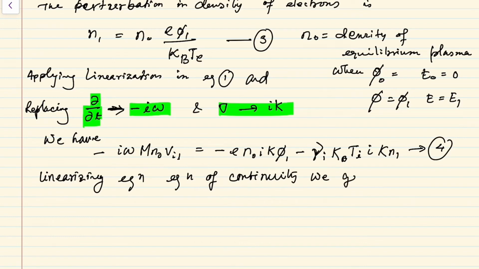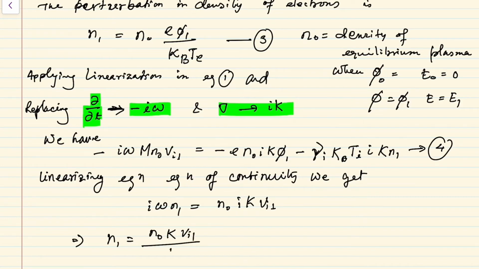So we get iωn1 equals n₀ik v_i1, which implies n1 equals n₀k v_i1 by ω. This is equation number 5. Here we have simplified, cancelling i, and we have got this.